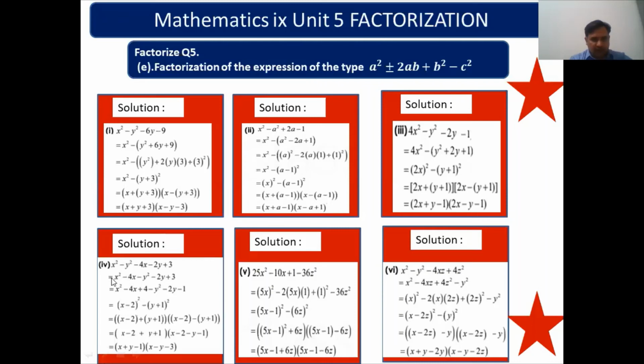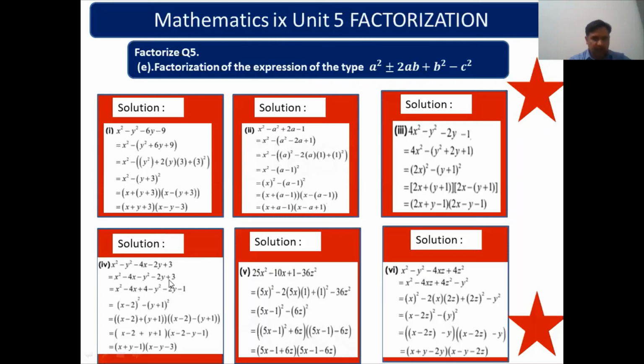So we can complete this formula if we have 4 plus 4. So here we have 3, so we can add and subtract. When we add this, we have plus 4, and we have to subtract, that will be minus 1. So we add 4 here, and minus 1 we add here. So x square minus 4x plus 4 minus y square minus 2y minus 1.